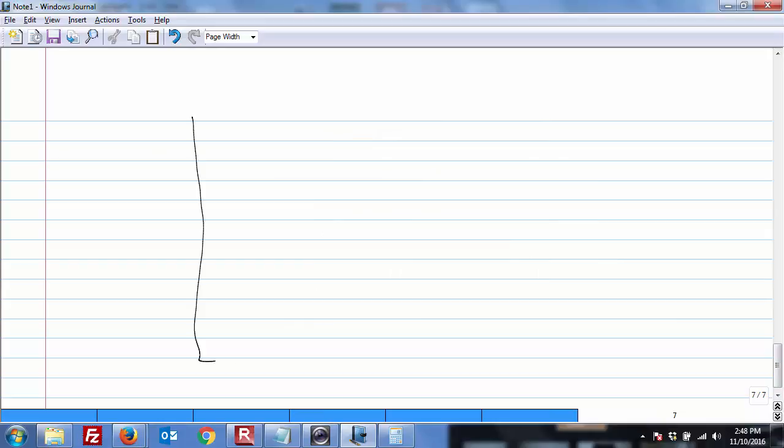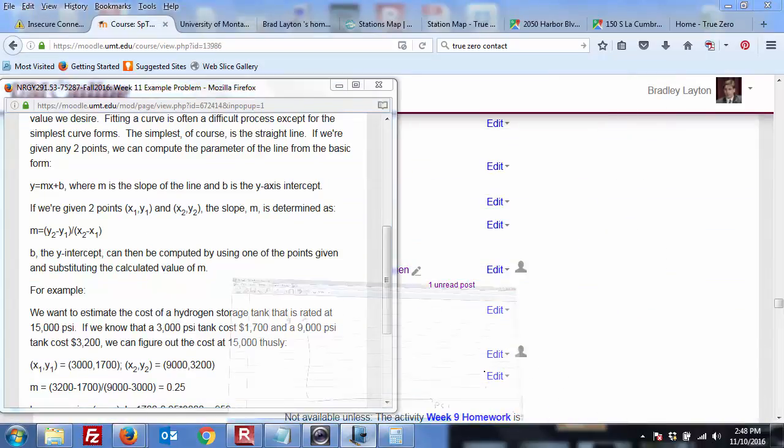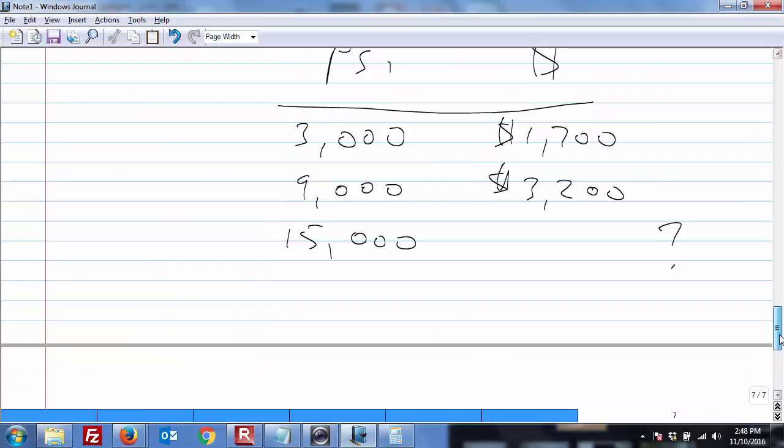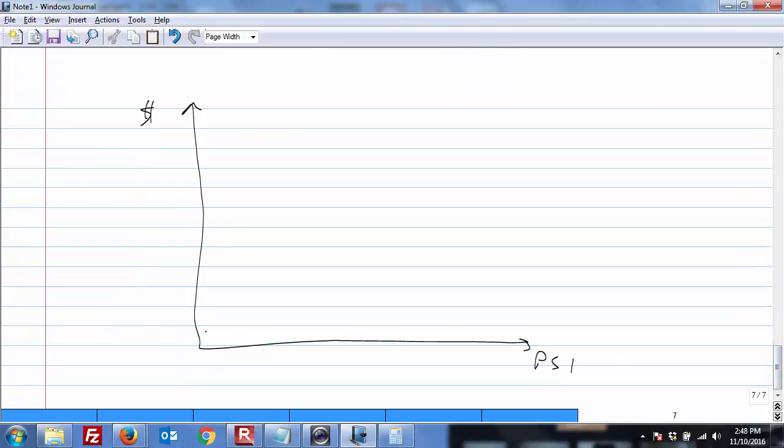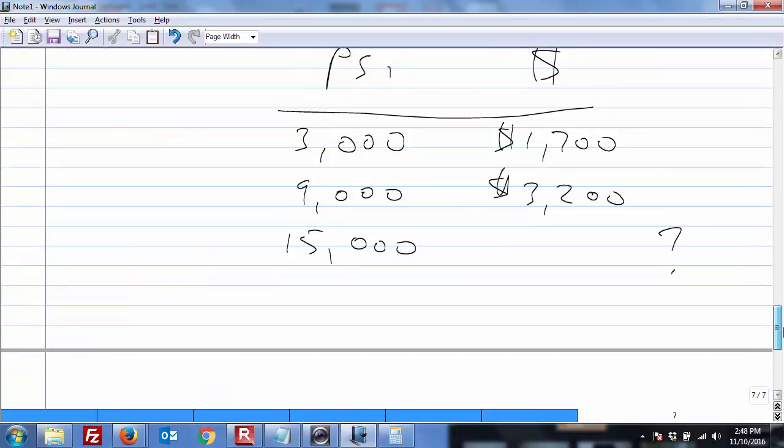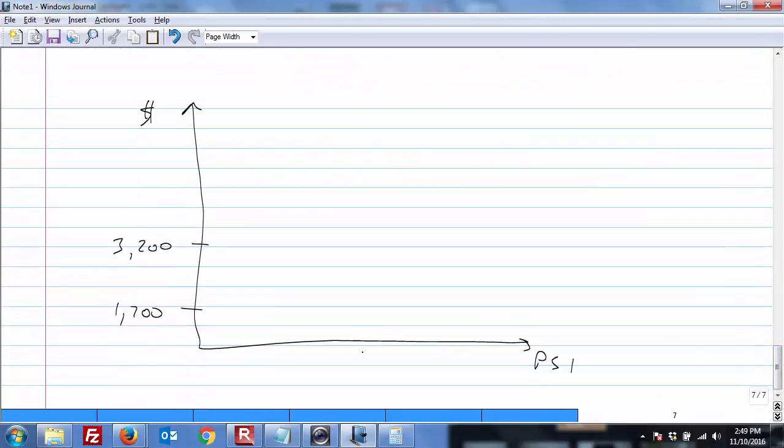We're looking at price as a function of PSI. The two data points we have are 1,700 and 3,200, and PSI is 3,000 and 9,000.